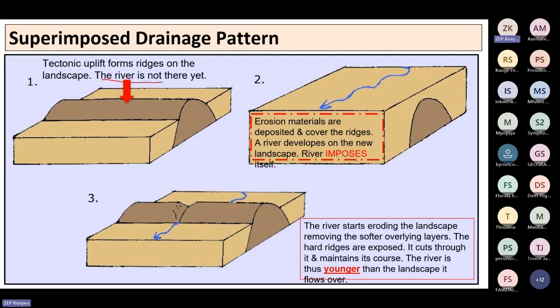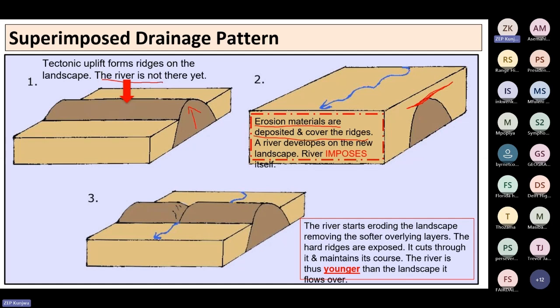You see, the difference between superimposed and antecedent is that on the superimposed, the uplift happens first before the river is there. And then afterwards, the eroded material is going to be deposited to cover the ridge. As you can see here, can you see the uplift? And then deposition has happened here. Can you see? This area is now covered as if there was no uplift.